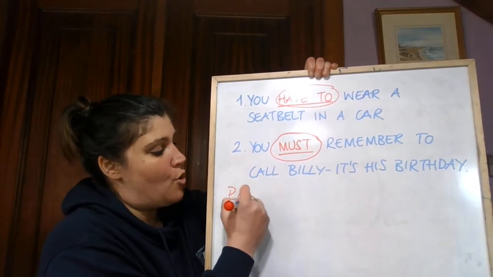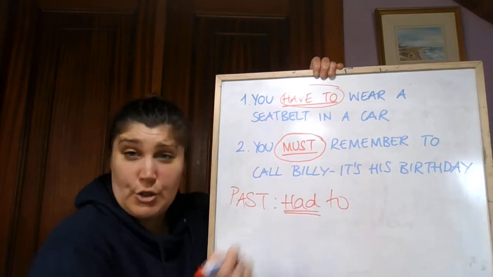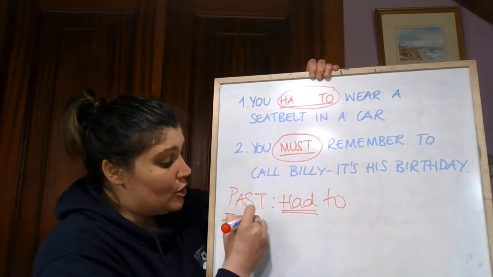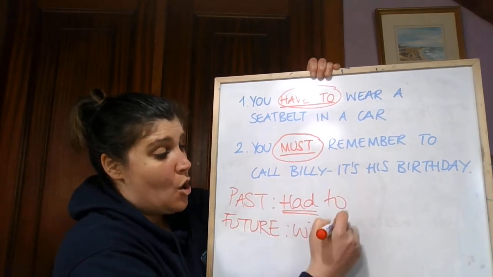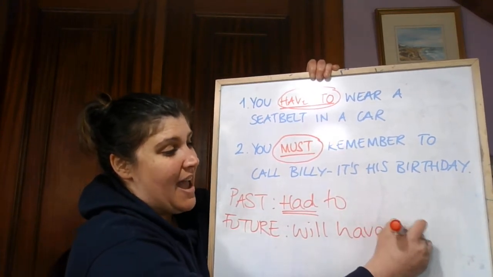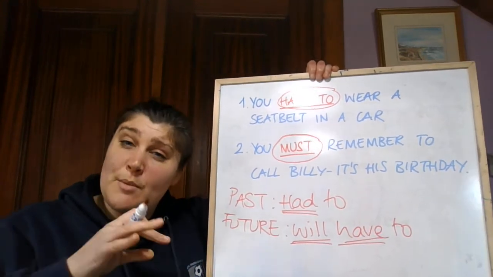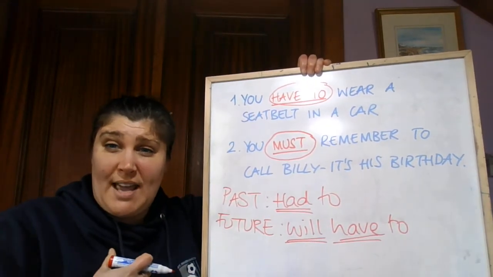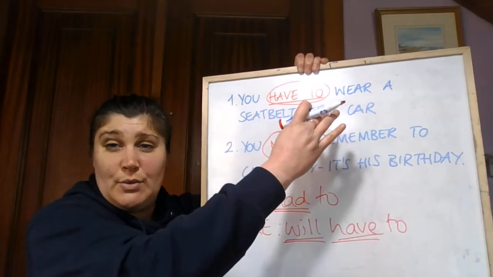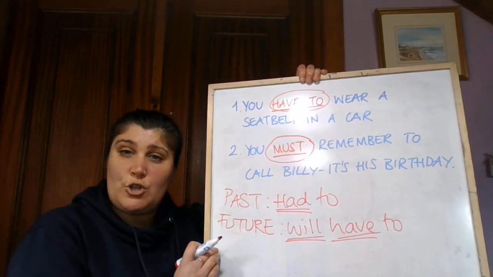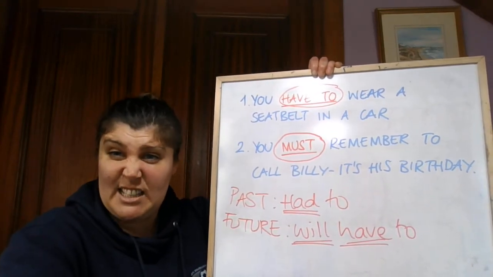So the past form is had to, and the future form is will have to. Okay, so in the present, if it's a personal obligation, must. An external obligation, have to. But in the past or the future, only have to is possible. All right, nice and easy?